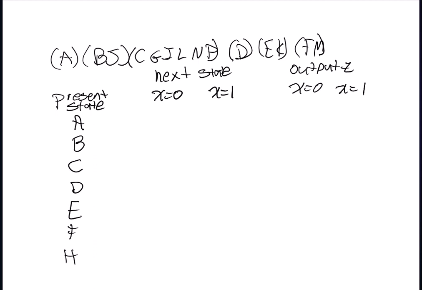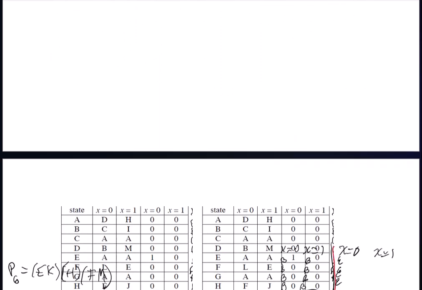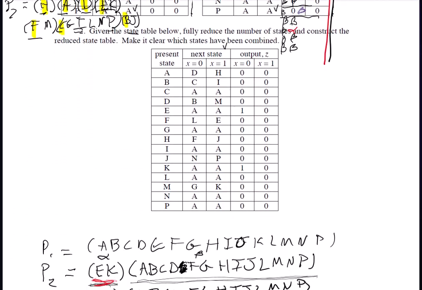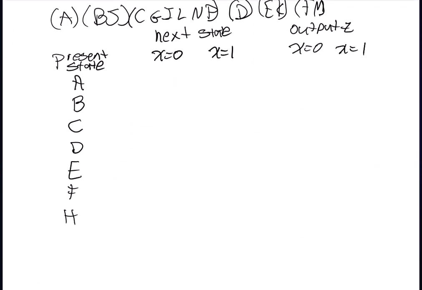And then we can look at our original state table and see for an element in that partition what is the next state. Well, for A, it's D and H, and so we can use those because those are names that we have right here.